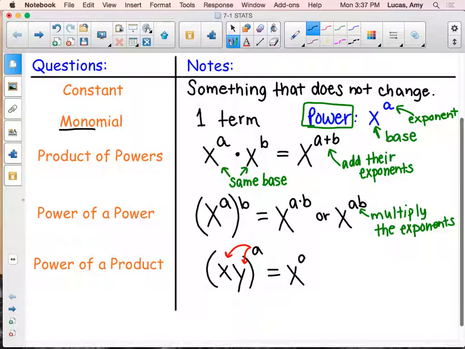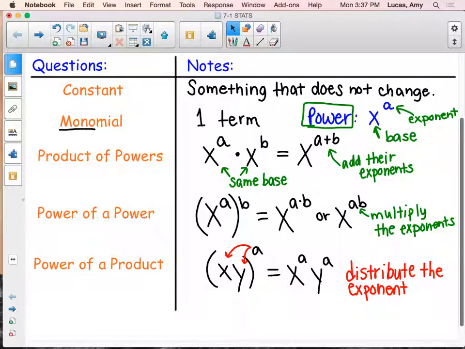So this would be x to the power of A and y to the power of A. So you distribute that power to everything in the parentheses. So very tricky. Distribute the exponent.